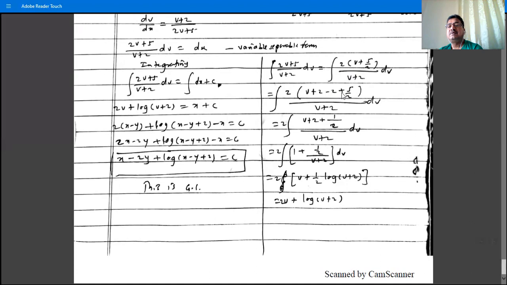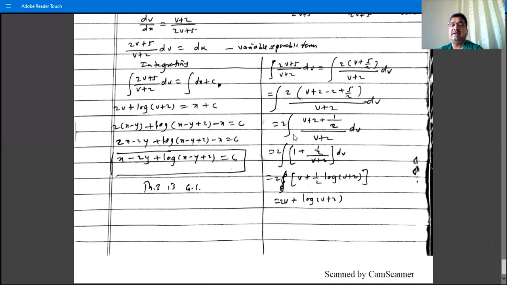So add 2, subtract 2, plus 5 by 2 as it is. And then (v plus 2), take this 2 as a constant common outside the integration. So v plus 2, and this minus 2 plus 5 by 2 becomes minus 4 plus 5 by 2, that means plus 1 by 2. We have plus 1 by 2.